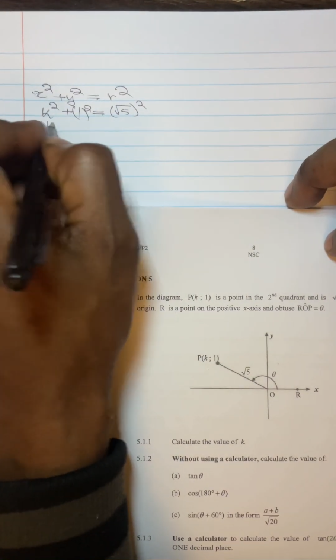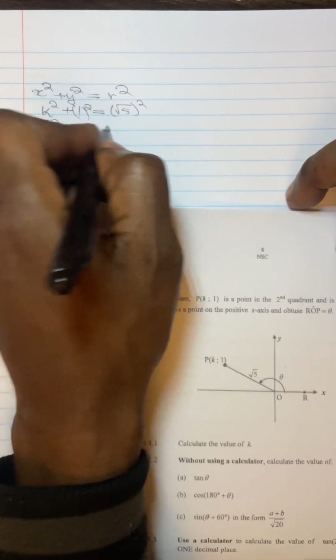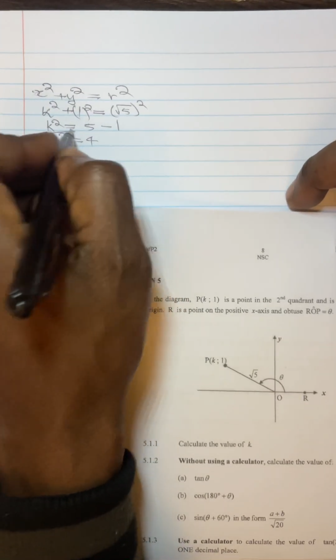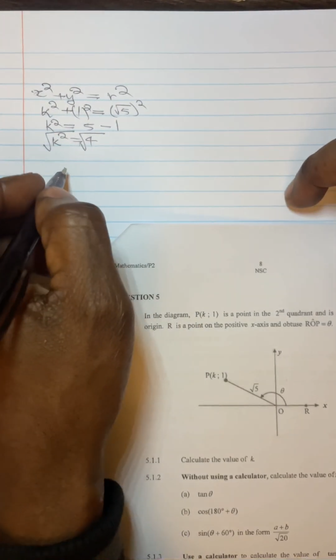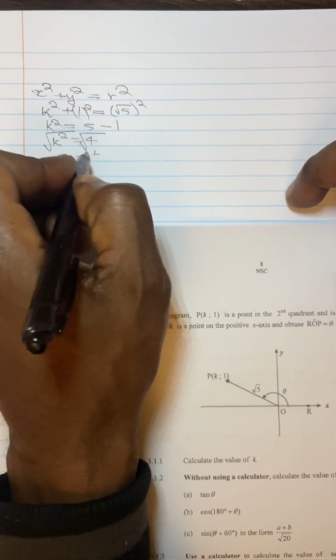So k squared will be equal to 5 minus 1, k squared equals 4. Put the square root to get rid of the square. I therefore have k equals plus minus 2.